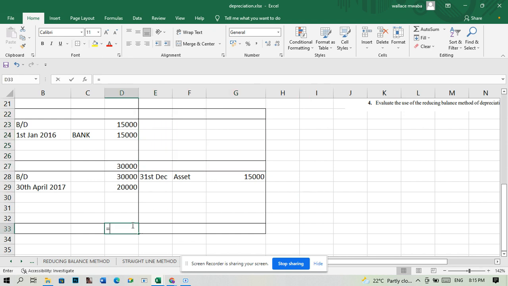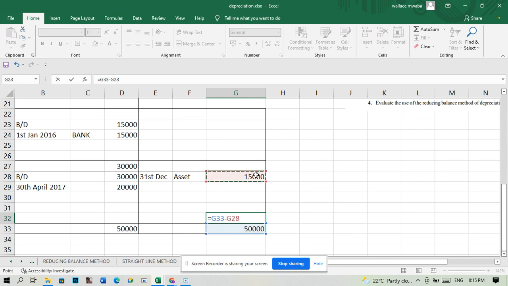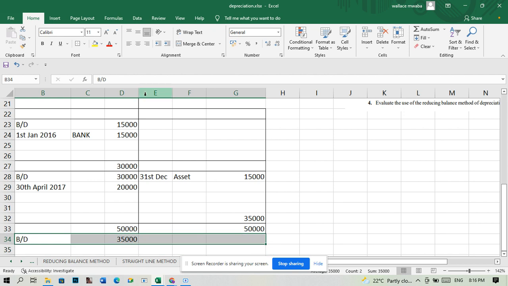So we get the figure from the debit side, that's 30,000 plus 20,000, we get 50,000. So we'll also record it here, 50,000. So our balance carried down is going to be 50,000 minus 15,000, that's 35,000. So the following year, the balance brought down will be 35,000. Right, so we are done with the machinery account.